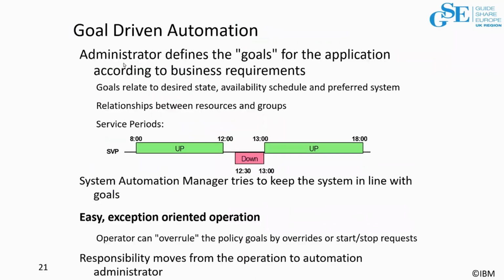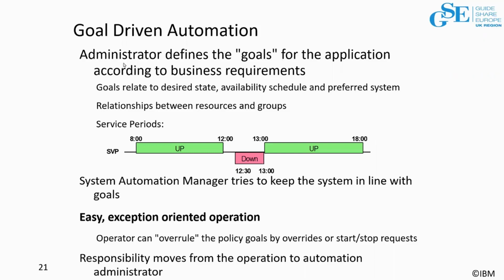So yet again, goal-driven automation. That's the one thing you need to remember. The administrator defines the goals of the application, depending on what the business requirements are. The goals relate to the desired state, the availability schedule, and the preferred system you want it to run on. You define the relationships between the resources and the groups, and the relationships between groups. And you can define service periods.